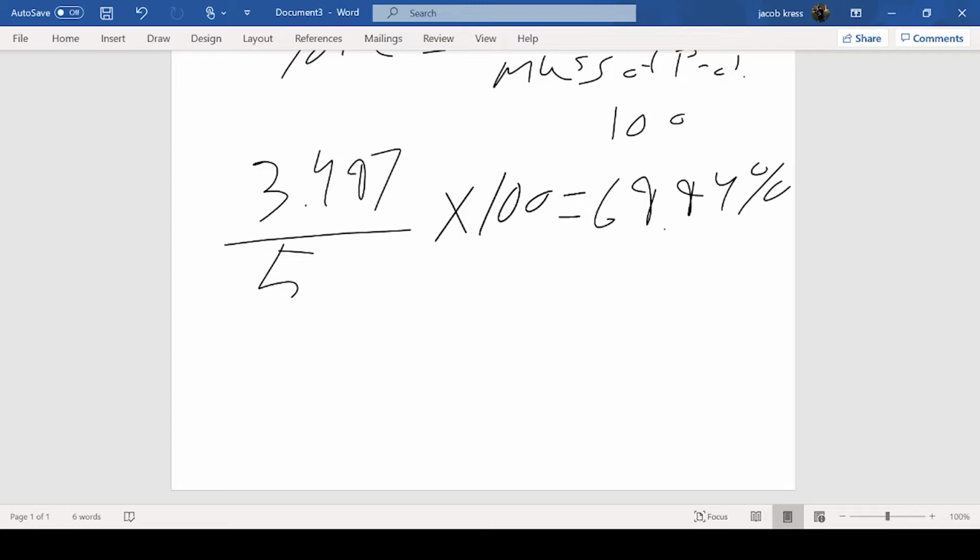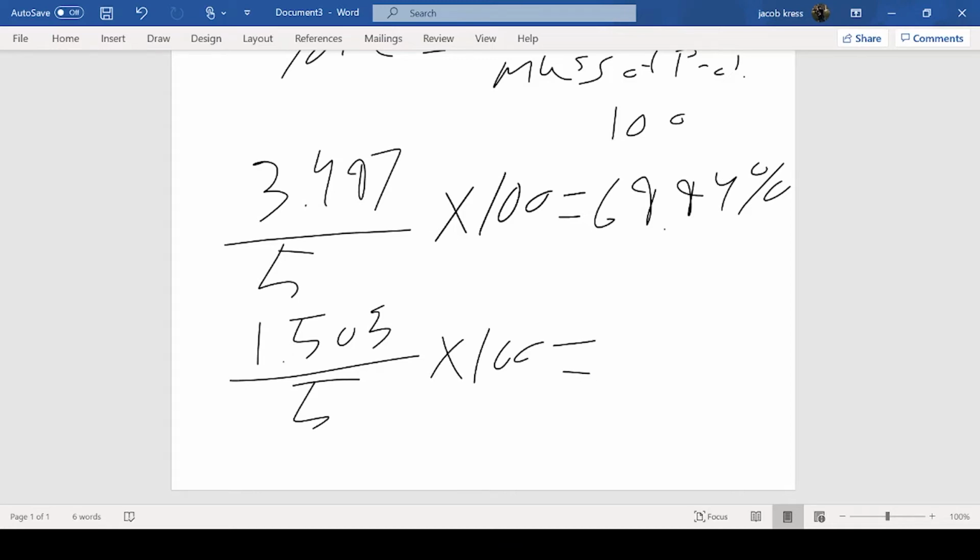That's kind of the more proper way to do it, because you're not always going to have compounds that are just made of 2 elements. So if we did it the same way we did the iron, we would have 1.503 divided by 5 times 100, and this is going to equal 30.06%.